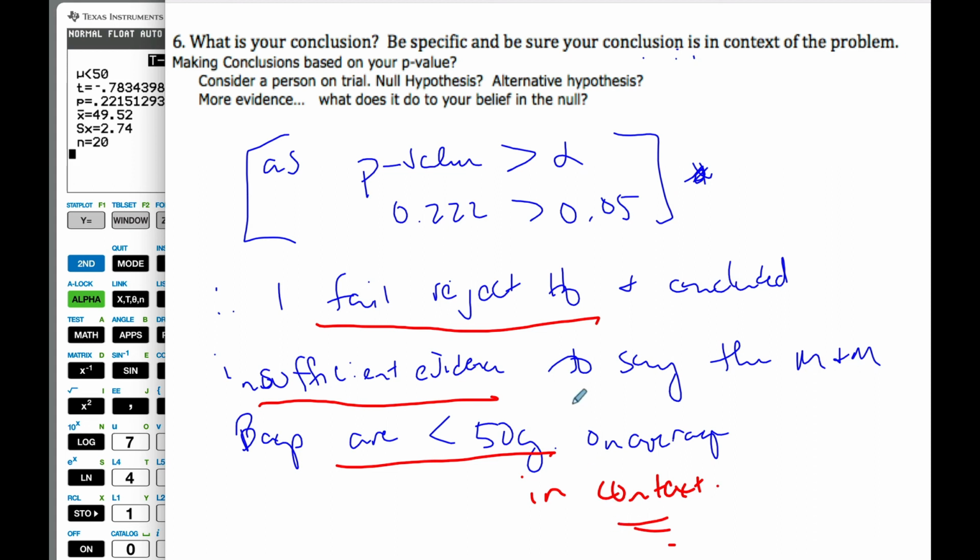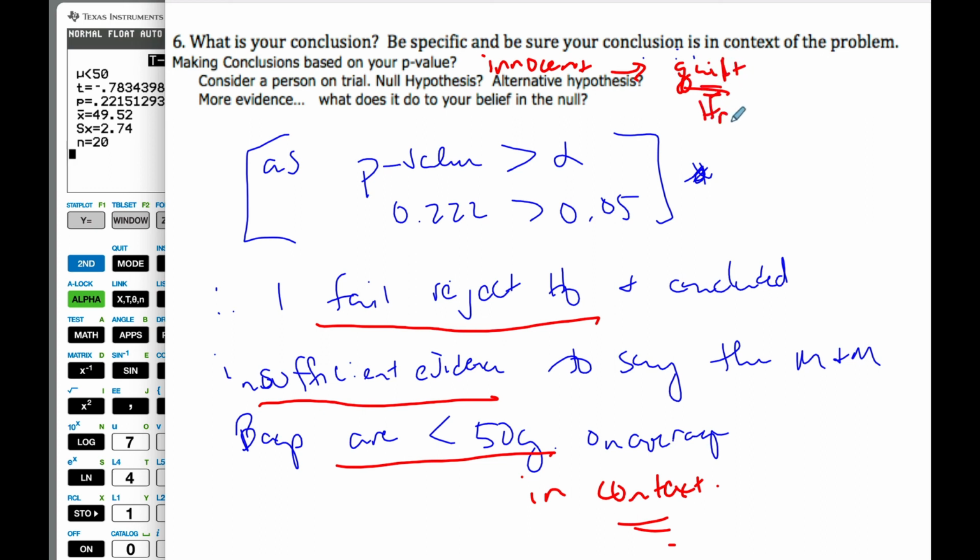And so if we think about what this is talking about, think about a person on trial in the United States and in many countries: you are innocent until proven guilty. Well, innocence is the null hypothesis. You are innocent until there is enough evidence to say that you're guilty, beyond a reasonable doubt. You have to have sufficient evidence to say that you are guilty.